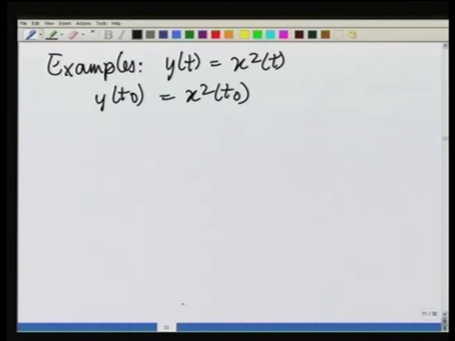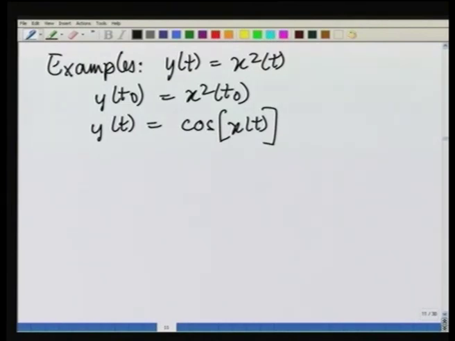We could also take something like y t equals cosine x t.